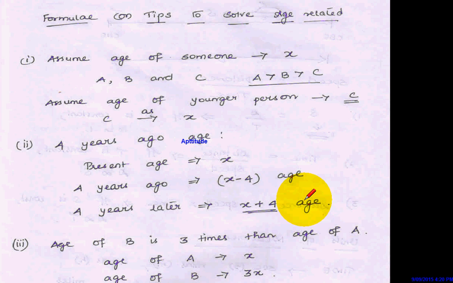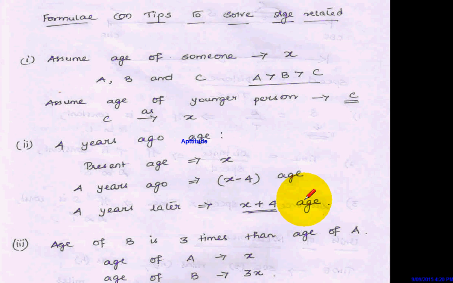If the present age is X, then 4 years ago it will be X minus 4. If it is 4 years later, that is the future case, then it will be X plus 4. These things we need to remember. So these are the things we need to frame an equation, and we can solve for the value of X.